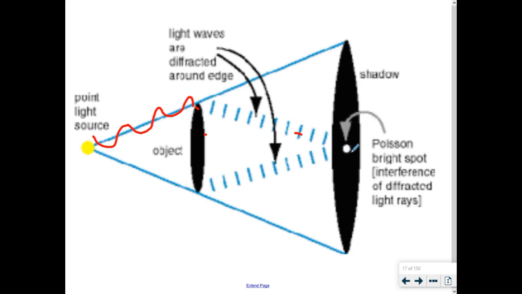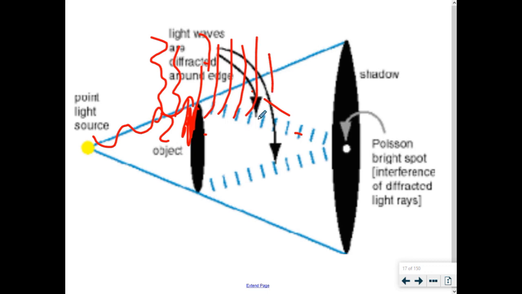But you can actually see a little section of light showing up dead center in the middle of your shadow. Because this wave front got blocked right here, but as it went around, it slowly but surely re-spread itself back out again, and eventually it recombined over here. So, okay, I need to wrap things up because I'm running out of time here.